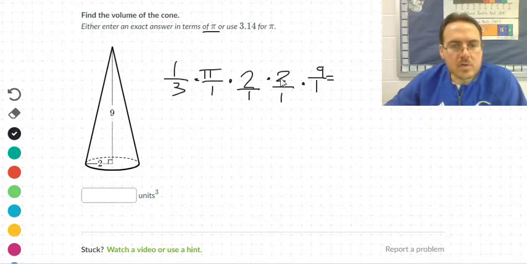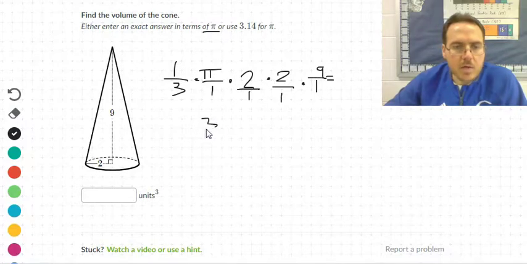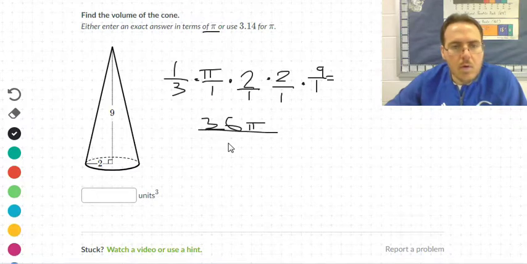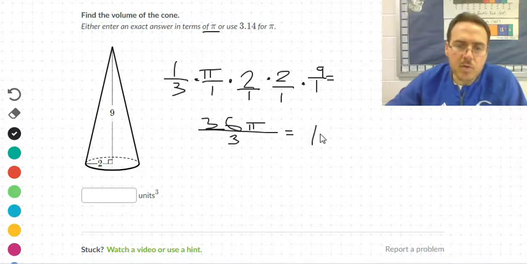Well, 1 times 2 times 2 times 9, that'd be 36 pi. 3 times 1 would be 36 pi over 3. So 36 divided by 3 would be 12. So it'd be 12 pi.